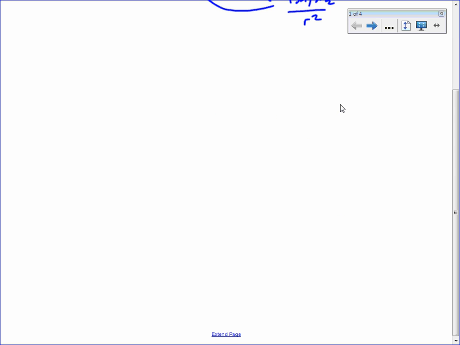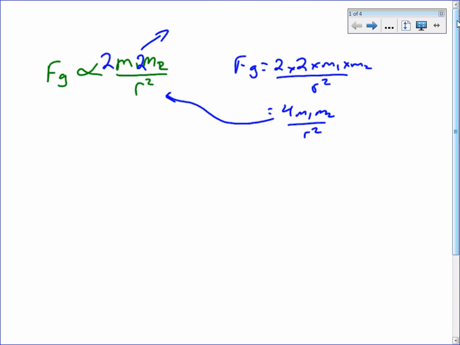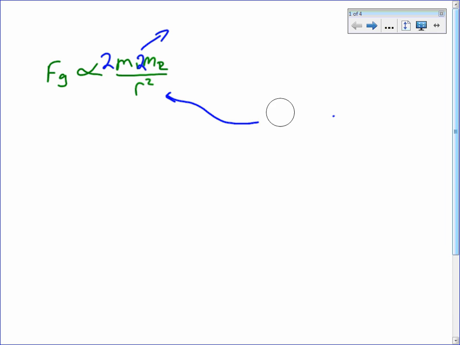Similarly, as I've said before, if you double the radius in this equation, or in this proportionality, I should say.